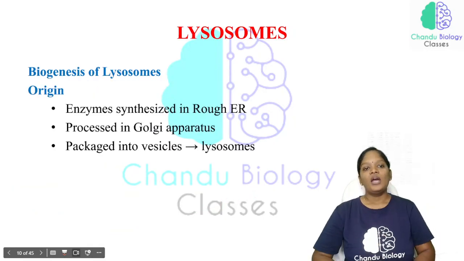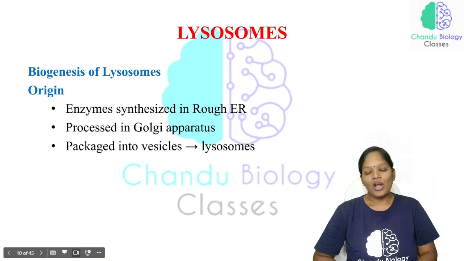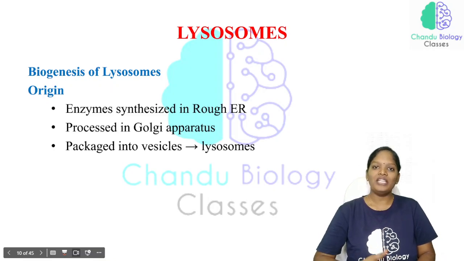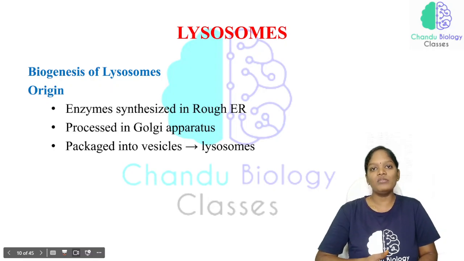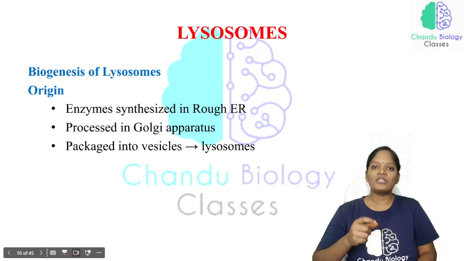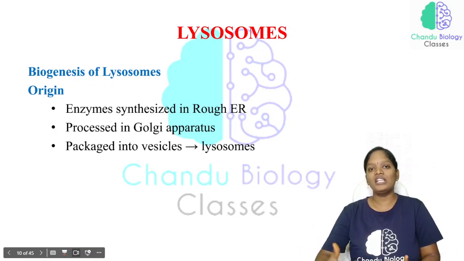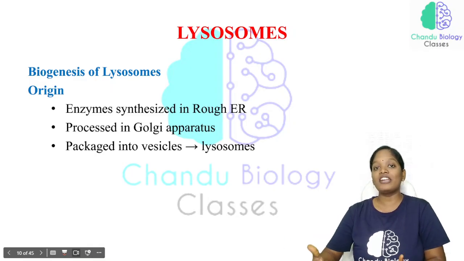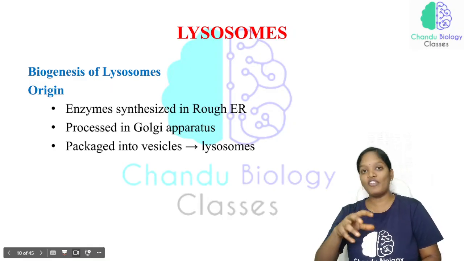Okay, now biogenesis of lysosome. Whenever we were studying the Golgi complex, we studied one statement: the formation of the Golgi complex is due to some pieces breaking off from the rough endoplasmic reticulum, that results in the formation of vacuoles and vesicles.